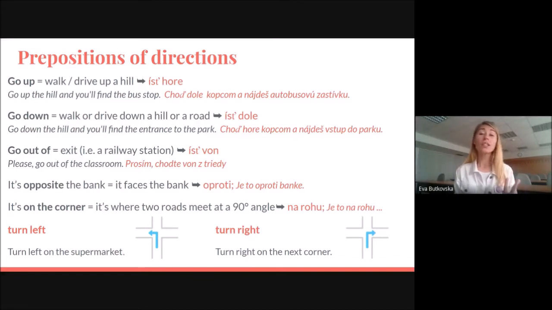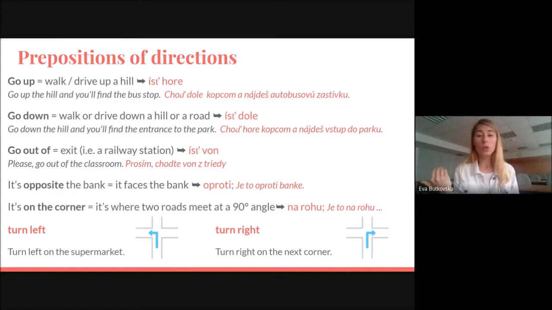And the two last prepositions of directions are just turn left and turn right. I think these are prepositions you already know, but remember the verb we use with them is turn. So turn left or turn right. Now I want you to take a moment and go again through these prepositions. So go up, go down, go out of.